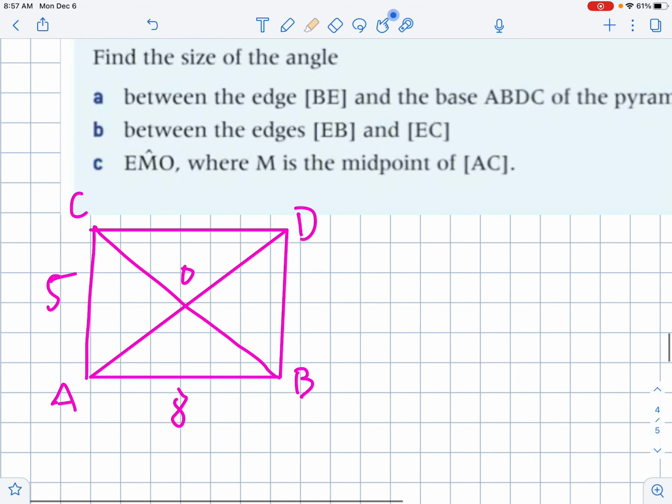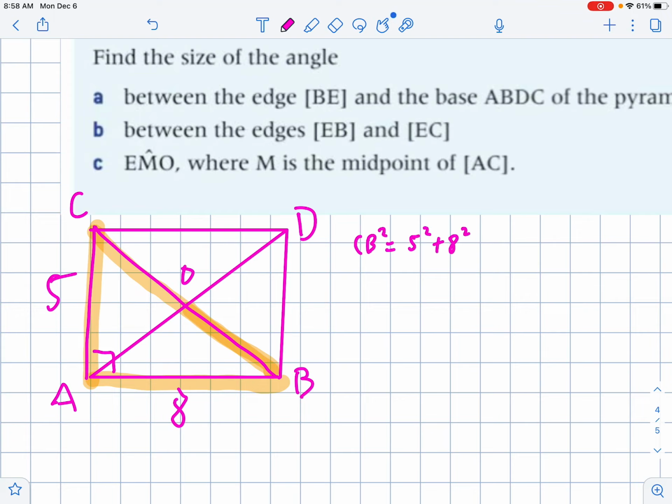So my goal is to find this little chunk right here, but that's half of CB, and CB is in a right triangle because this bottom is a rectangle. So with Pythagorean Theorem, CB squared is equal to 5 squared plus 8 squared. 64 plus 25 is 89. So this is the square root of 89.